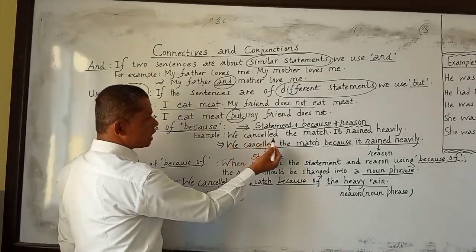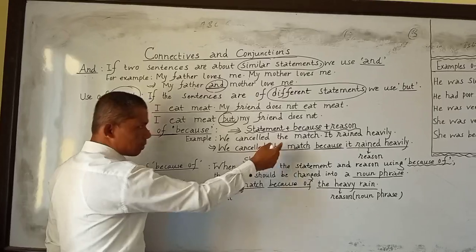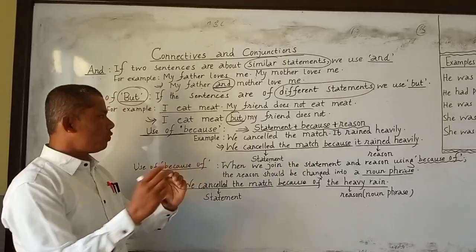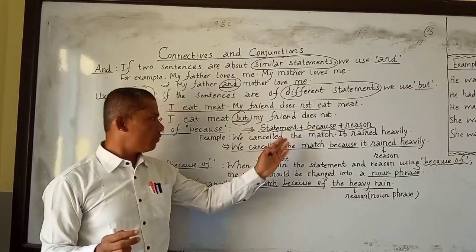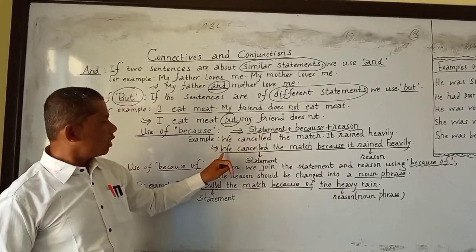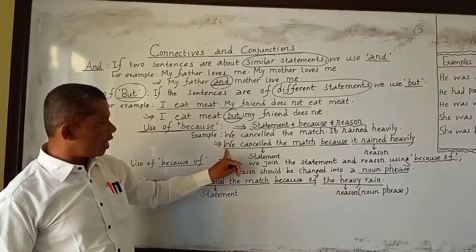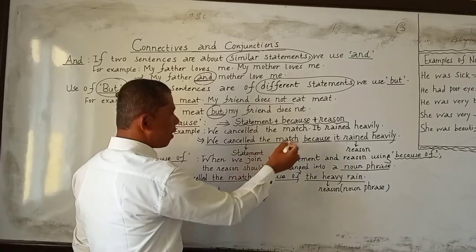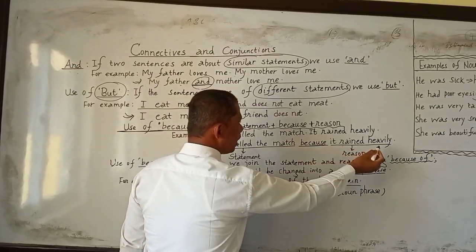For example, we cancel the match. This is one sentence, and it rained heavily. So when we bridge these two sentences, we can find that we cancel the match because it rained heavily.